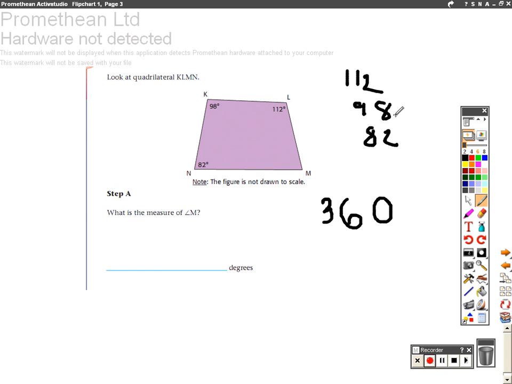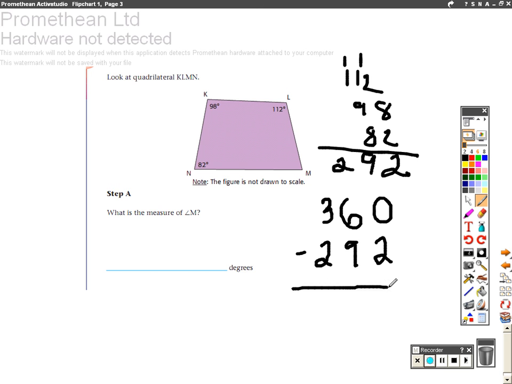Well, 2 plus 8 is 10, plus 2 is 12. Carry the 1. 1 plus 1 is 2, plus that 8 is 10, plus the 9 is 19. Carry the 1 is 292. So I need to subtract 292 from 360.